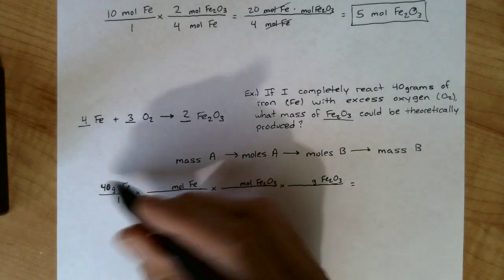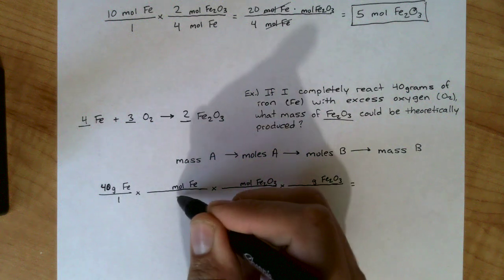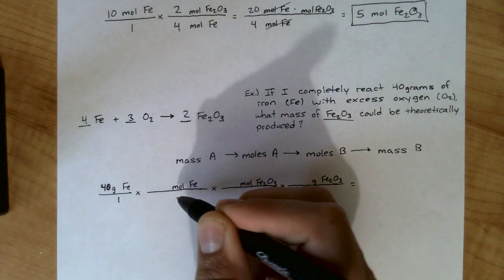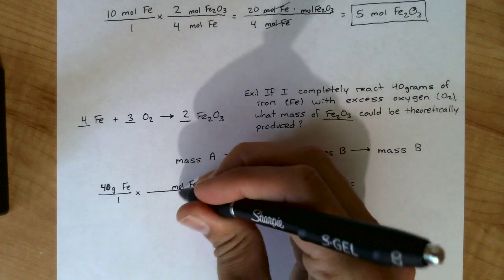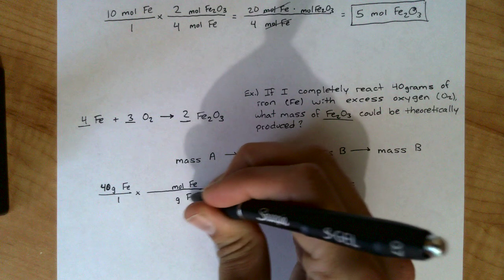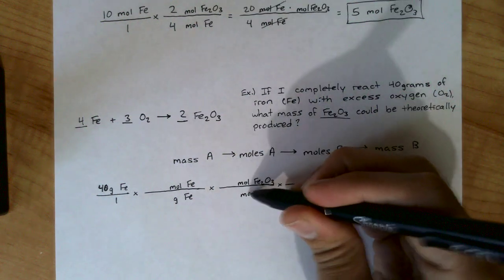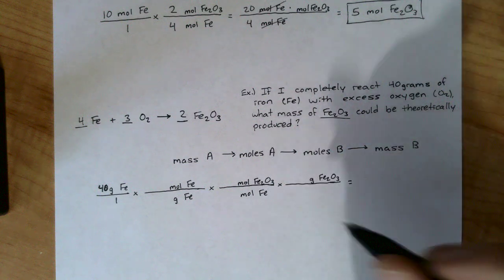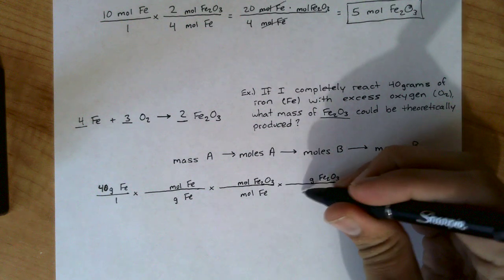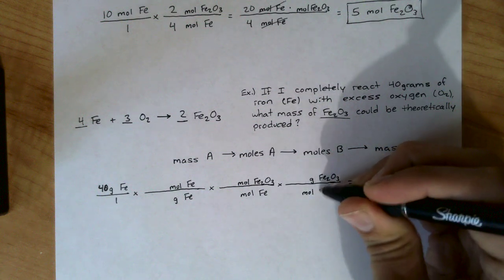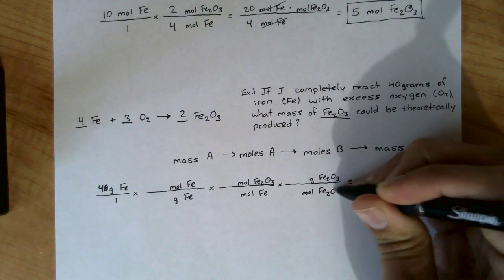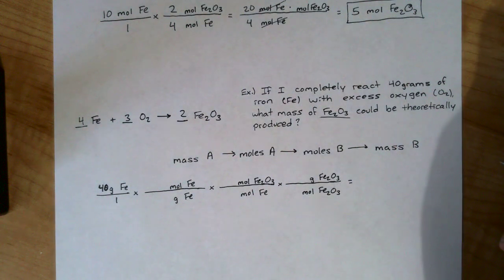Whatever the units are of the previous term's numerator, put them in the denominator of the next term. So here we go. We're going to say grams of iron down here, and then moles of iron down here, and then moles of iron 3 oxide down here. Okay, so far so good.